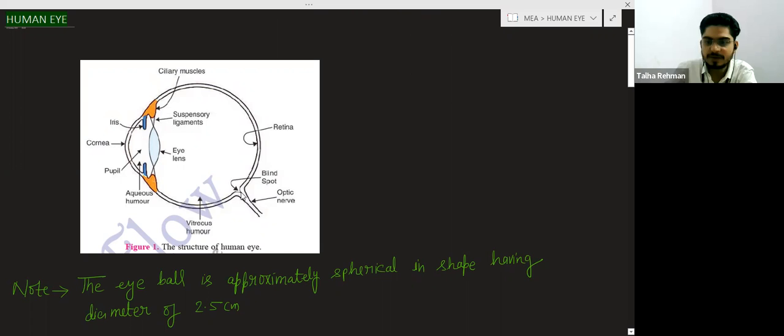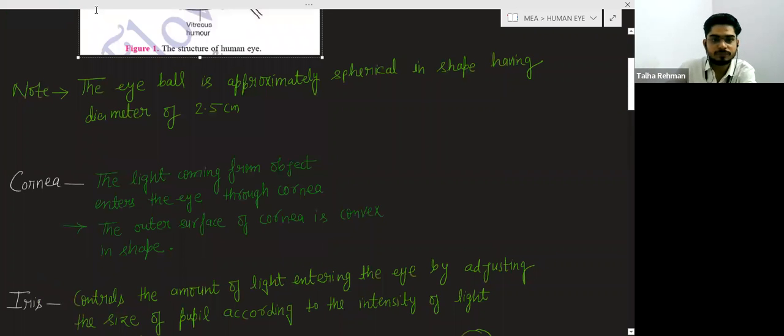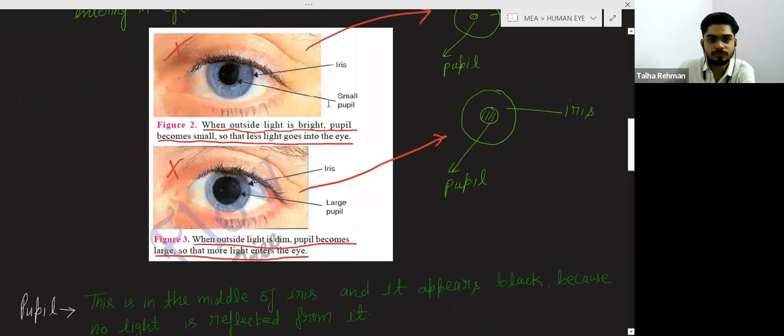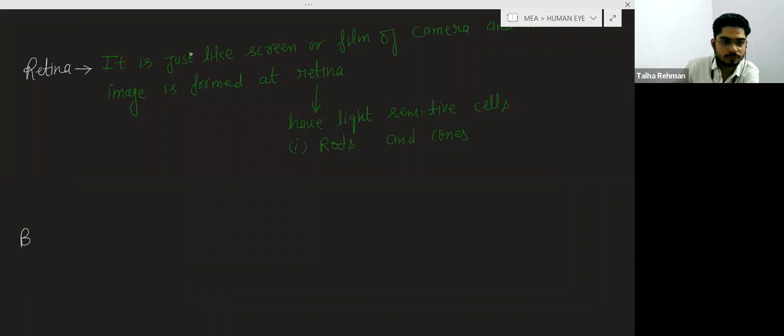Means if the image is here, you are not able to see that image, because there are no light sensitive cells to carry the electric signal of that image to the brain. That is why this is known as the blind spot.